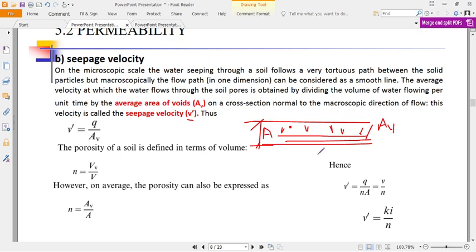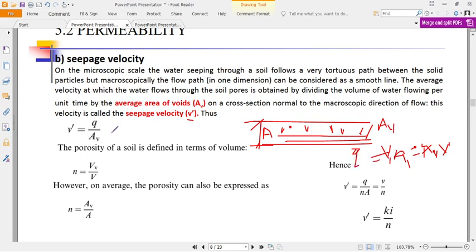Is that okay? So using the continuity equation from fluid mechanics, you know that V times A, the velocity through the soil sample times the area, is equal to, if the voids are interconnected and under the same hydrostatic pressure difference H, Av times V', which is the area of the void times the seepage velocity through the void.